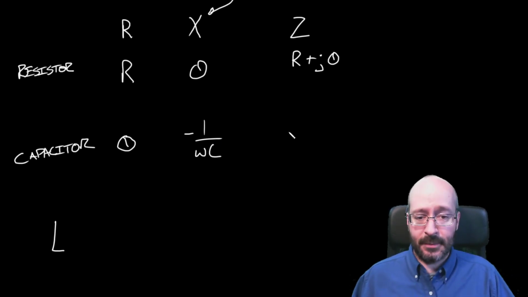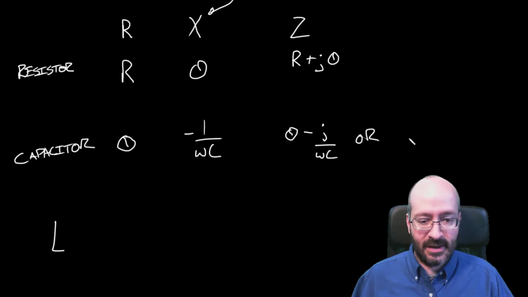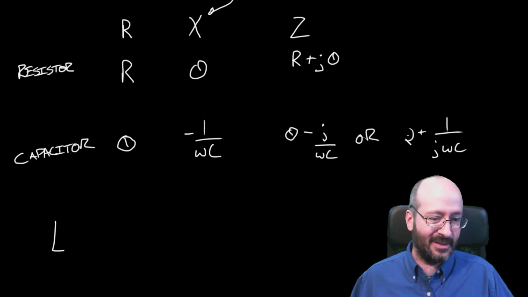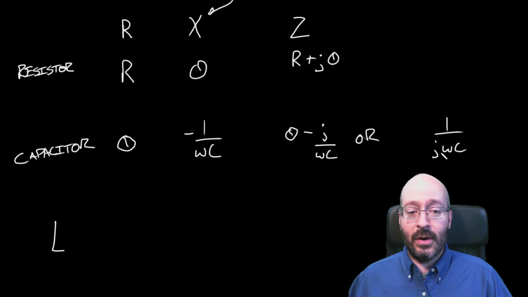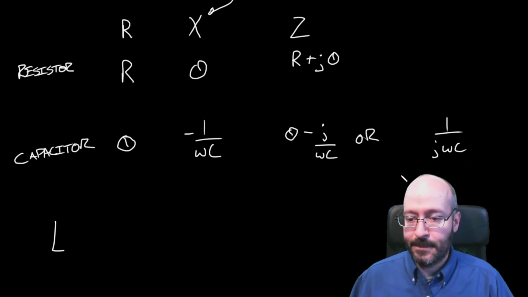Then we can put them together as 0 minus J over omega C, where the other form you're going to see that in is 0 plus 1 over J omega C, and then the 0 usually gets dropped in that form. They're equivalent. Invert negative J and you get positive J.